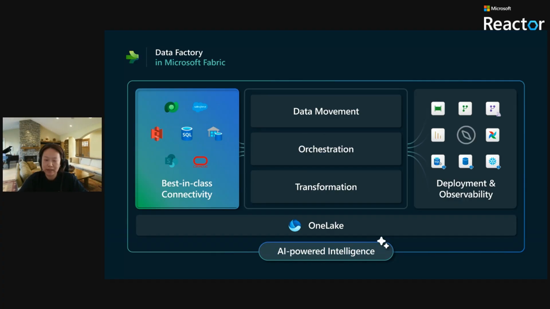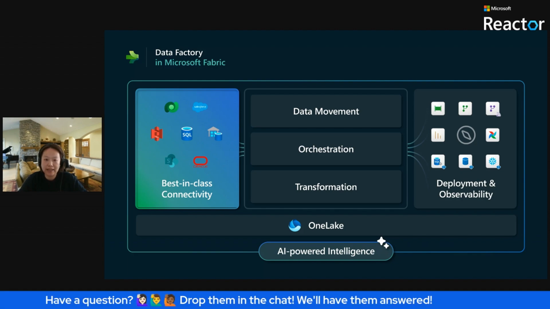It also provides rich observability capabilities, like monitoring all those different jobs running across different items, with insight into the execution details for you to check and to diagnose any issues. So all those integrations are running on top of OneLake and powered by AI as well.